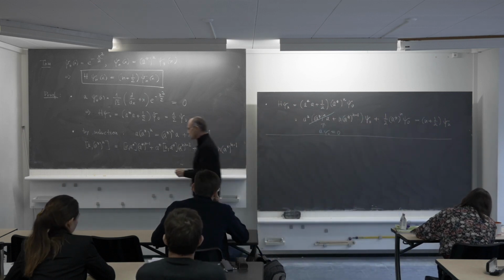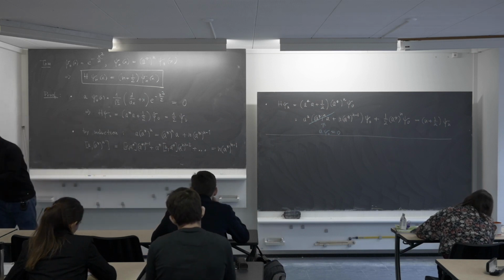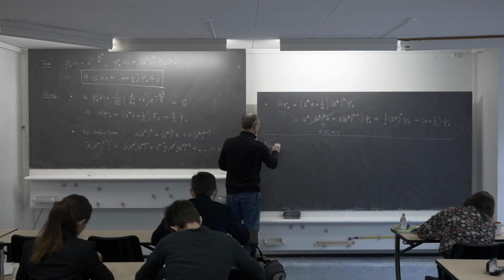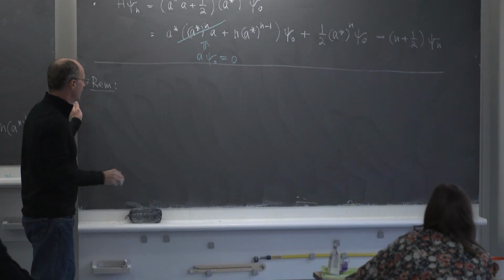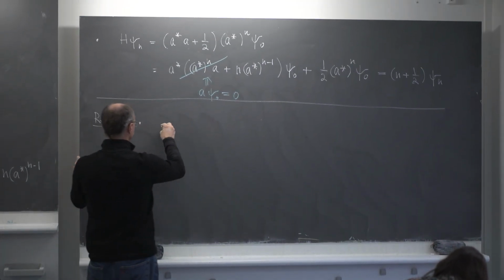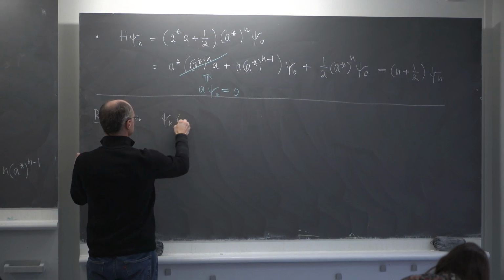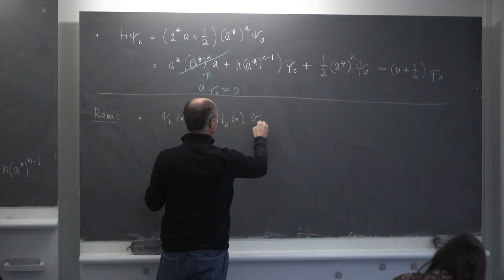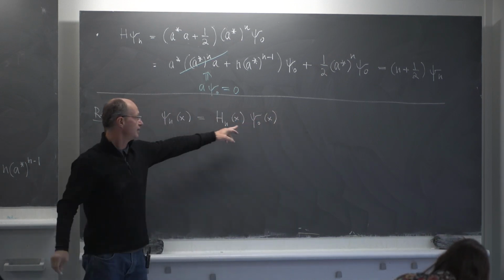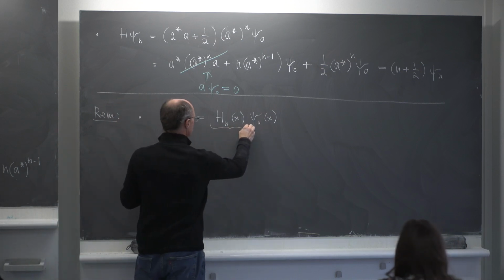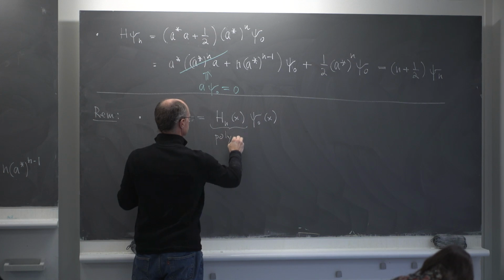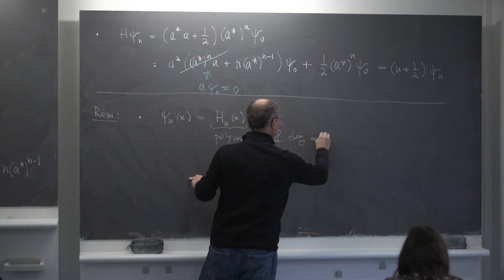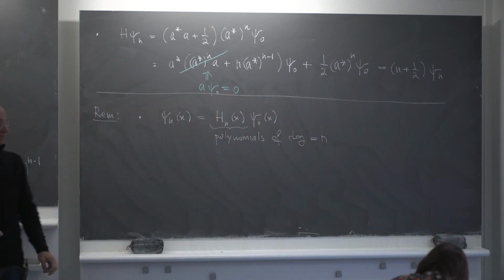So these are the eigenfunctions of my Hamiltonian. Now maybe a small remark. Up to now we were dealing with this thing as a differential equation. A small remark is that in fact ψ_n(x) are of the form h_n times ψ_0, where these h_n are polynomials of degree precisely equal to n.